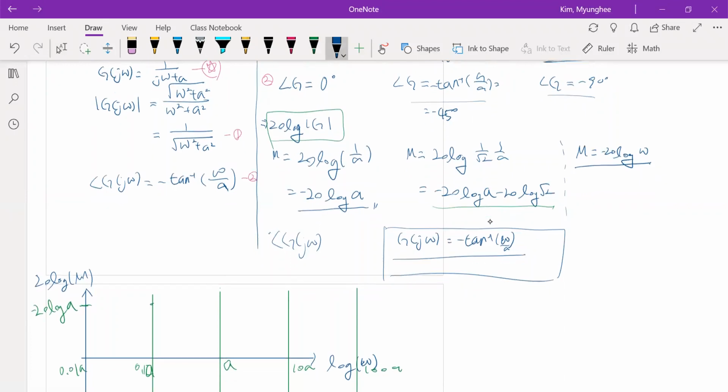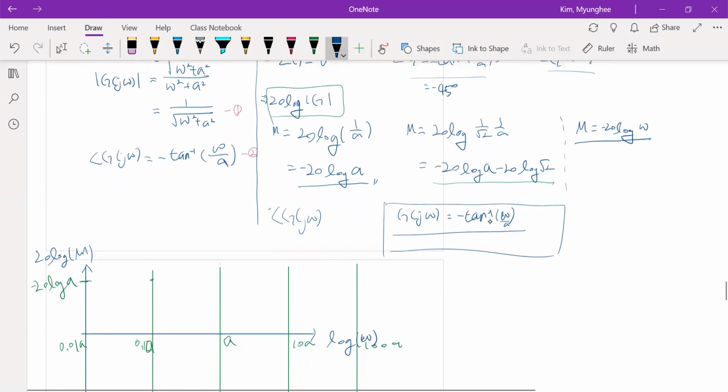The magnitude is even a little bit smaller, like here. And when omega is larger, it is even smaller, by negative 20 log of root 2. Then when omega is larger still, it will decay very quickly, 20 decibels depending on the omega. So about here, it looks like this.